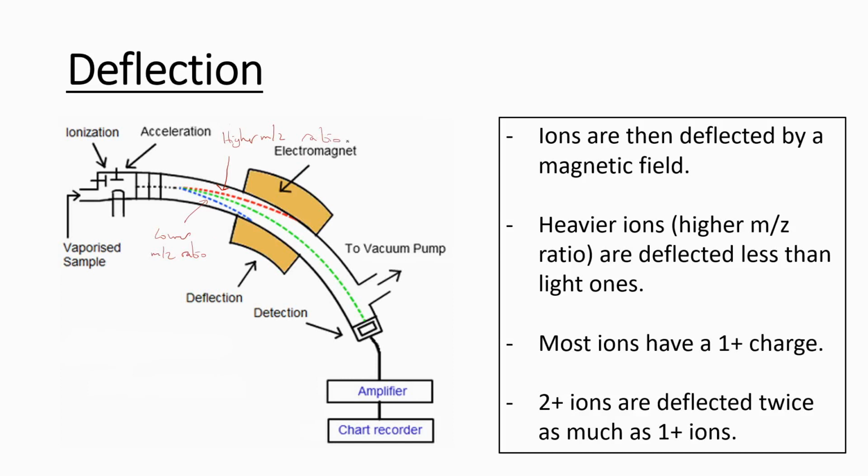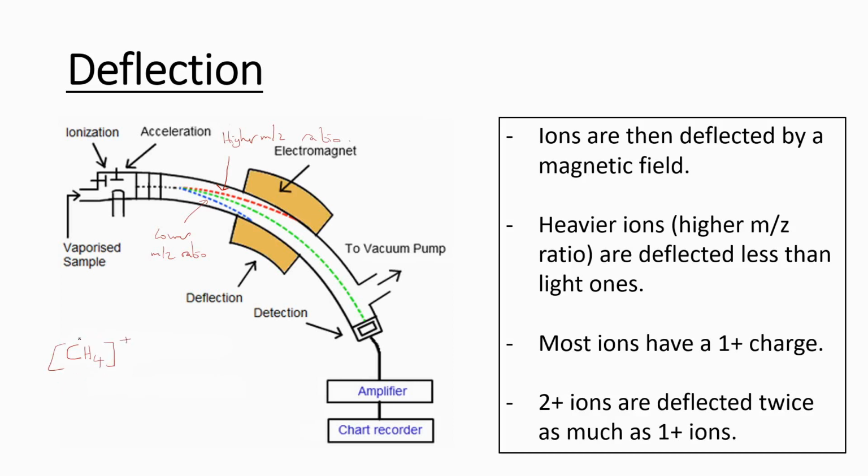And so it's important to understand this. It's important also to understand that most ions have a charge of 1+. 2+ ions are deflected twice as much as 1+ ions. Let's explain the term mass to charge ratio in more detail. So for example, let's say I have an ion, CH4+.